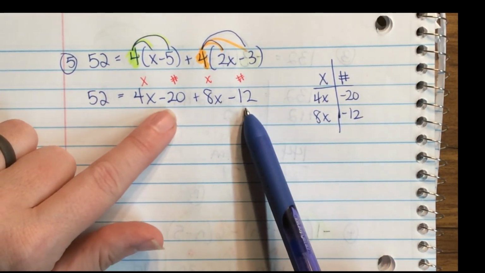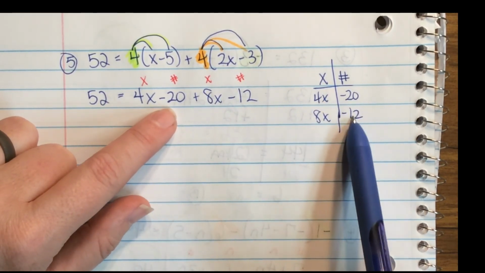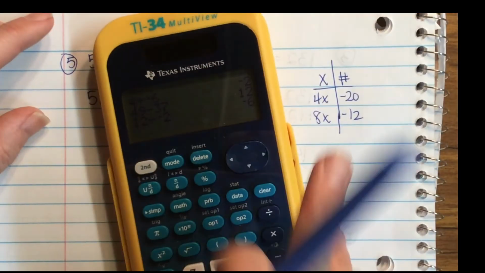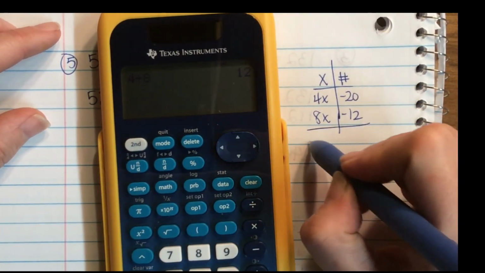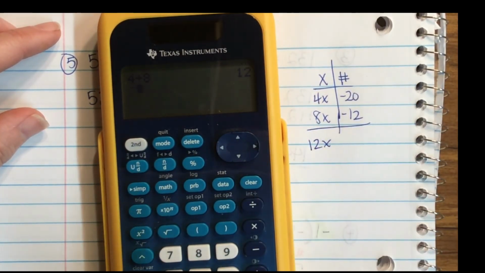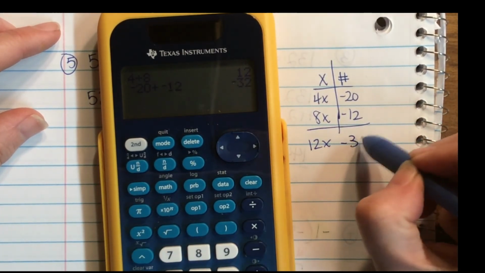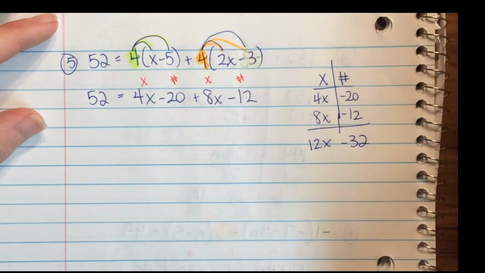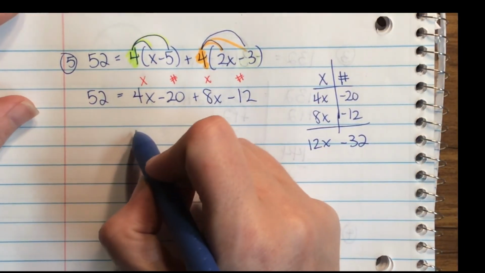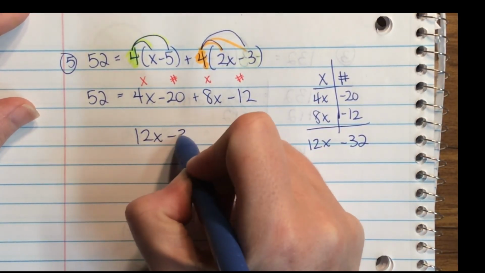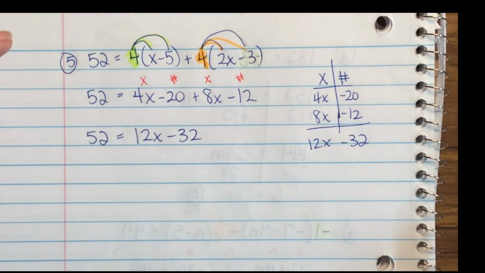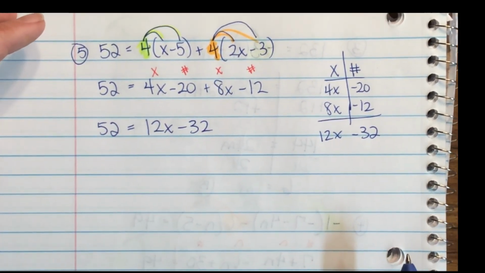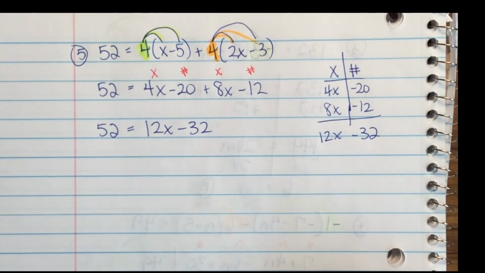Then I have a negative 20 and a negative 12, and I need to add those together. So 4 plus 8 is 12, but we'll check ourselves just to make sure. And then negative 20 plus negative 12 is negative 32. So what I really have is 12x minus 32, or I could have said plus a negative. It doesn't matter. I think it's easier to say minus in this case.